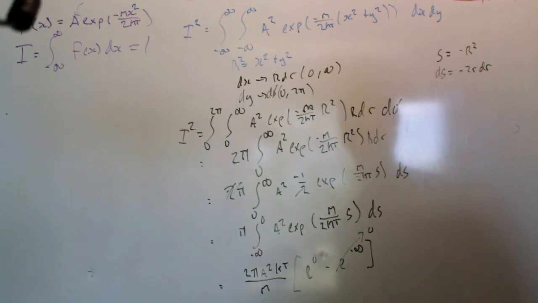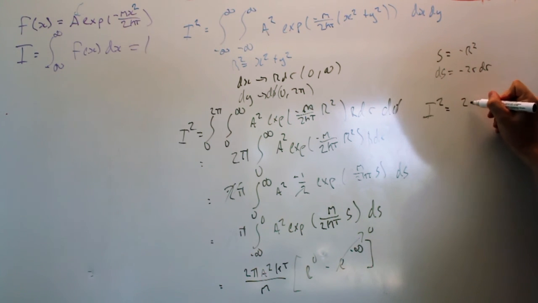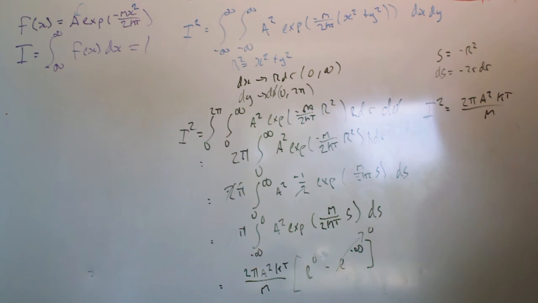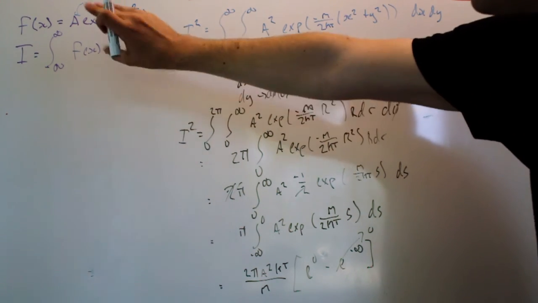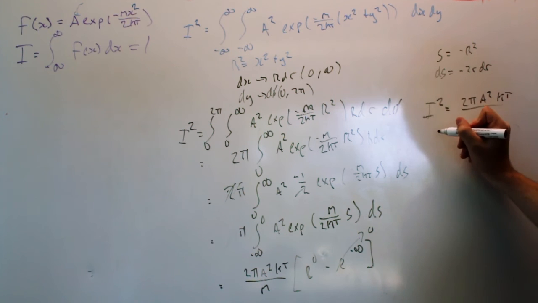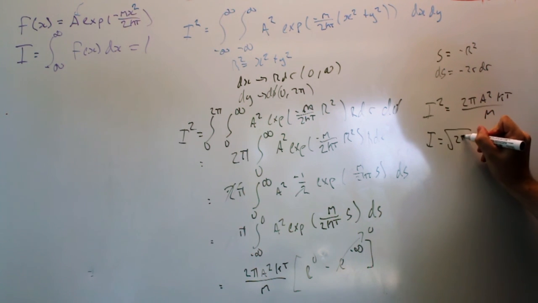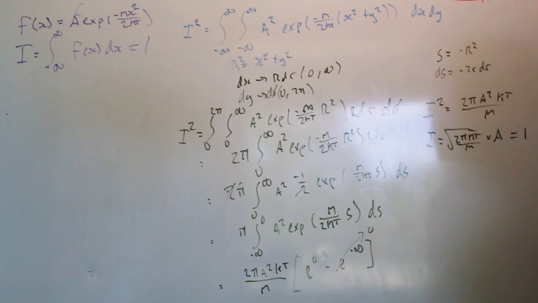And so finally we end up with our integral squared equals 2 pi a squared kT on m. And so we want to find a, so firstly we got to go back to our original thing here. We know that that's what the integral equals. So we have that I equals root 2 pi kT on m times a, and that is equal to 1.